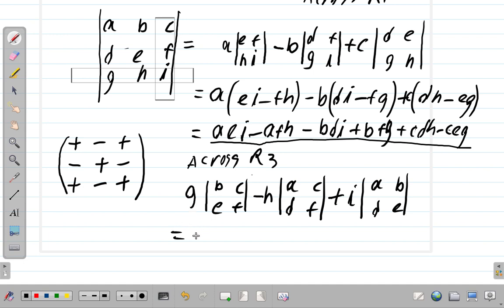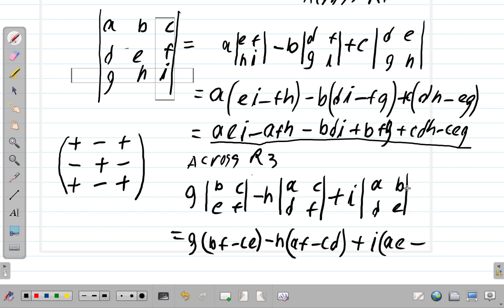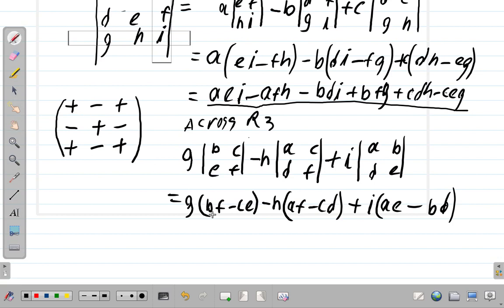Now what is this equal to? We have G. The determinant here is BF minus CE. So it's BF minus CE. Alright. Minus H times AF minus CD plus I times AE minus BD. Alright, now let's expand our brackets.